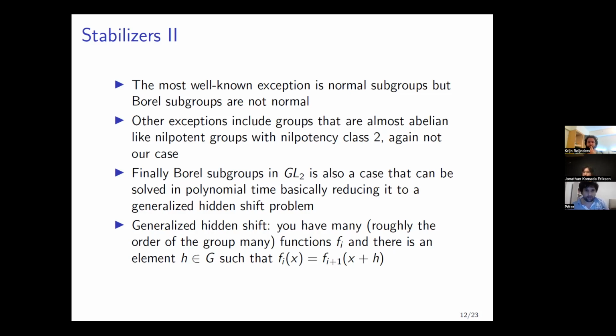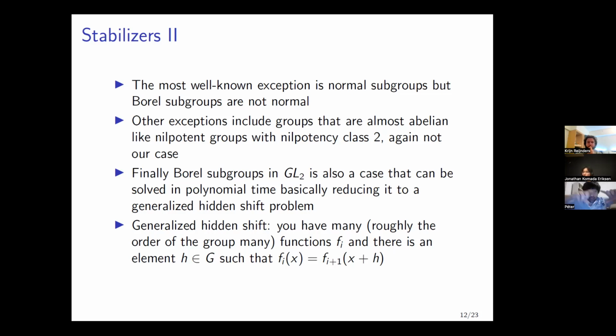Okay, so another exception: if the group is not abelian, but as close to abelian as it gets, which are nilpotent groups with nilpotency class 2. Nilpotent groups have many definitions. I guess one definition is this: the direct product of prime power groups, sorry, of p-groups.